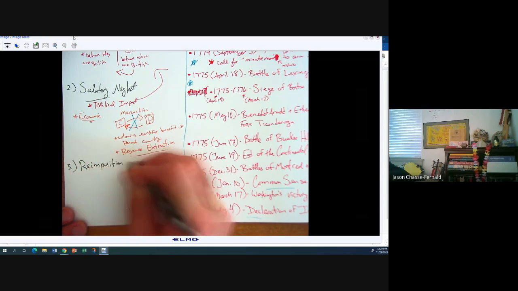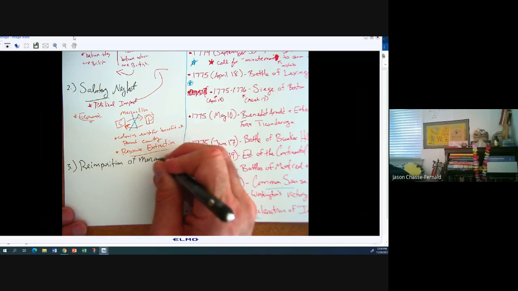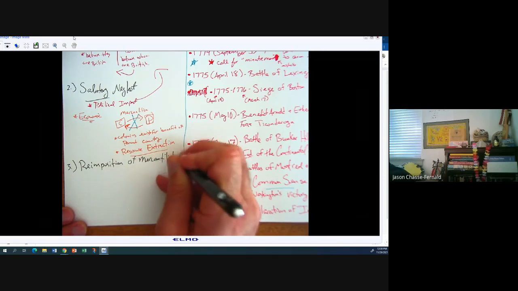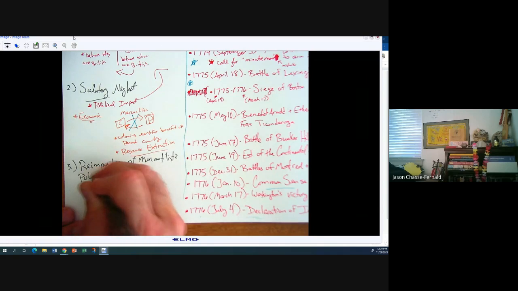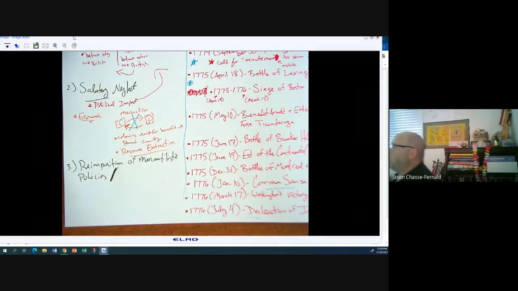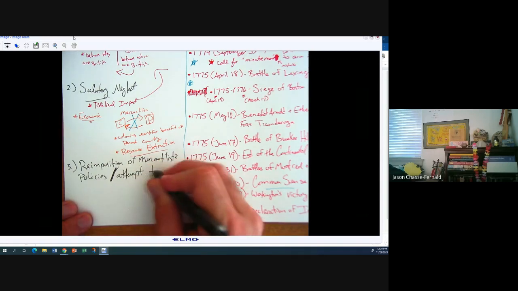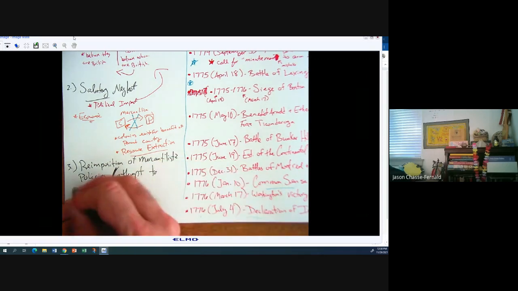The reimposition of mercantilistic policies. I'm going to put a little slash here because I want to give you a little bit more specific regarding this attempt to centralize, right?